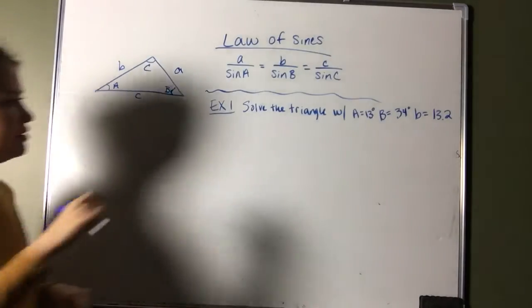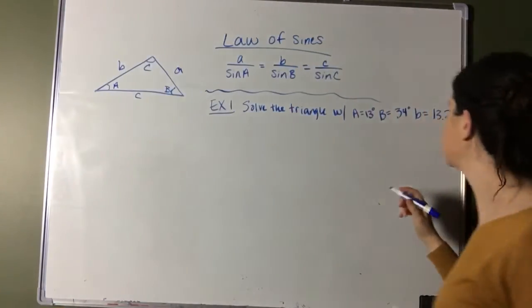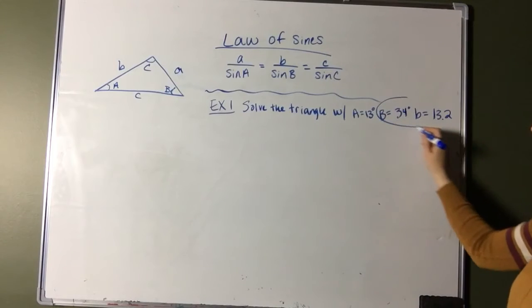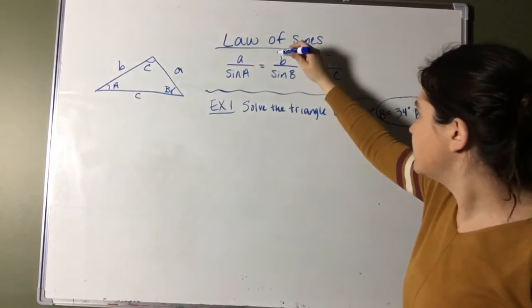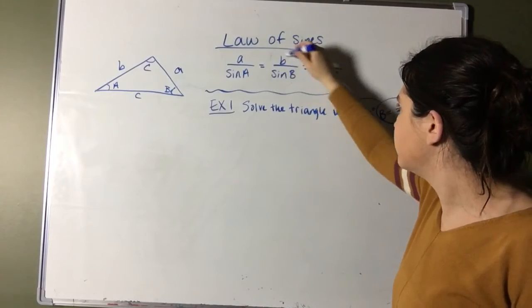Now we look at this. Since we have big B and little b, and we know both of those, we're going to set up this ratio right here.